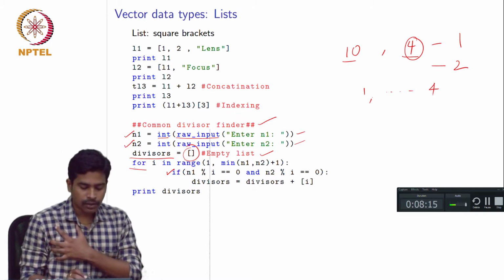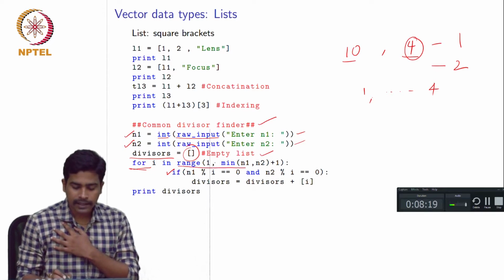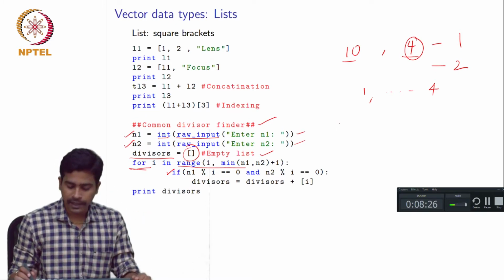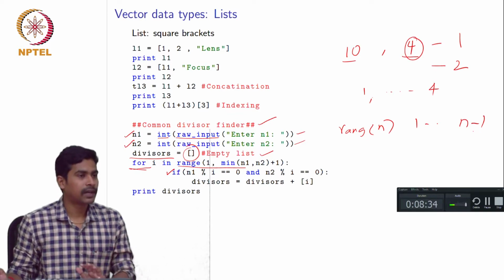Again, I have started a for loop, and the range of numbers I am taking is 1 to the minimum of these two numbers plus 1, because if you remember from the last lecture, the range command only gives the values from 1 to n minus 1. To compensate for it, we add 1 to the smallest number so we get values from 1 to n.